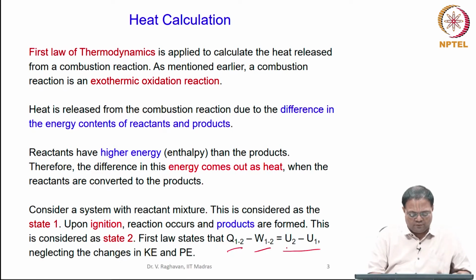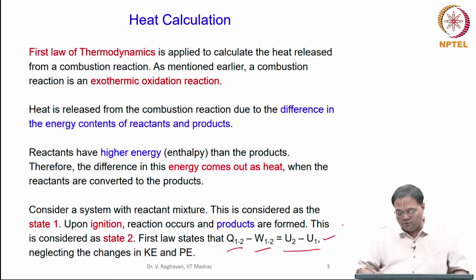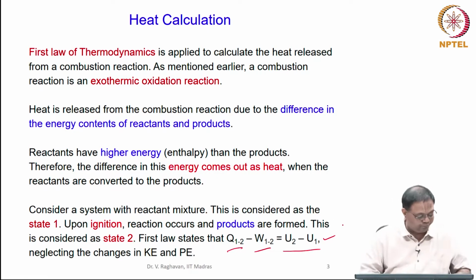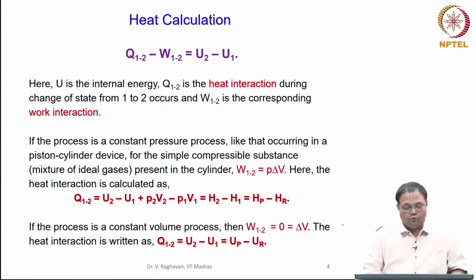In many cases the changes in kinetic energy and potential energy are negligible, so we neglect that and write the first law as stated here. Here U is internal energy, Q1 to 2 is the heat interaction during the change of state, and W1 to 2 is the corresponding work interaction.